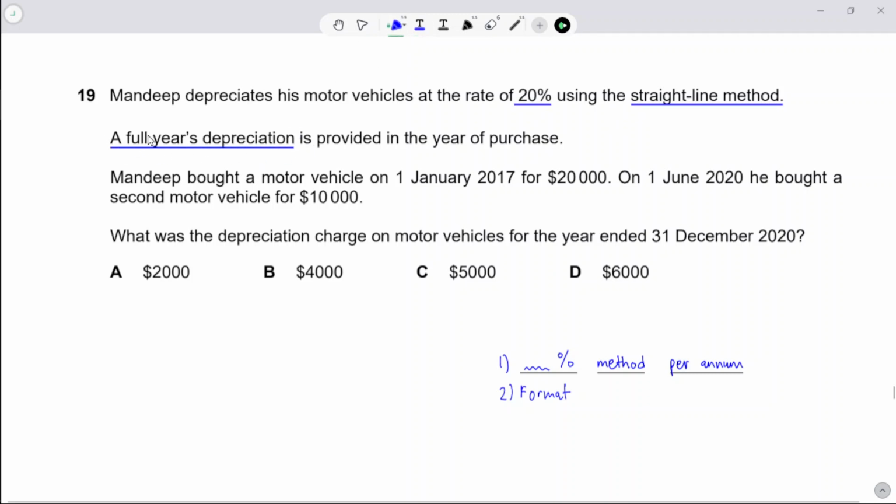Full year, right? So you use year. So this one is actually per annum. Okay, so now we do the format.